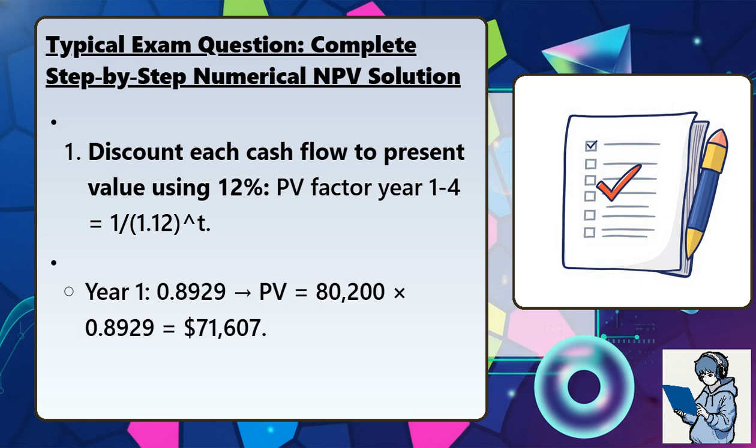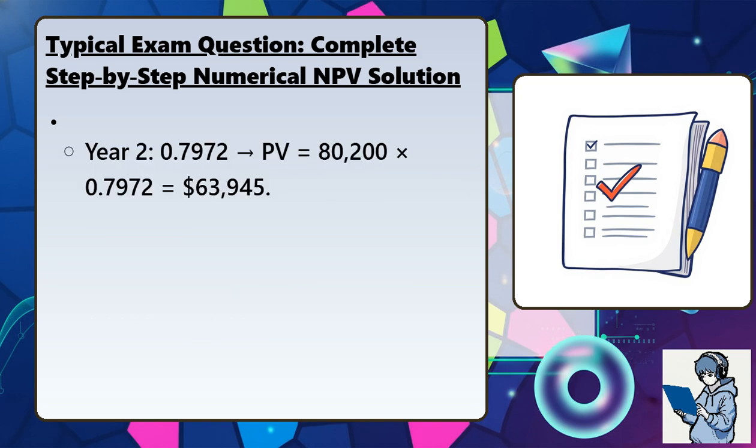Year 1 factor 0.8929. Present value equals $80,200 times 0.8929, which is $71,607. Year 2 factor 0.7972. Present value equals $80,200 times 0.7972, which is $63,945.